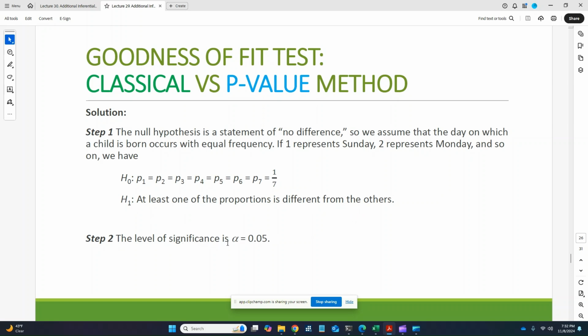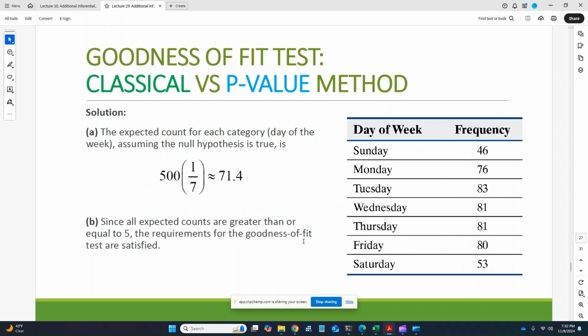We set a level of significance alpha equals 0.05. Now, the expected count for each day of the week, assuming the null hypothesis is true, is 500 over 7, because we have 500 cases here. Now we have both observed and expected frequencies.